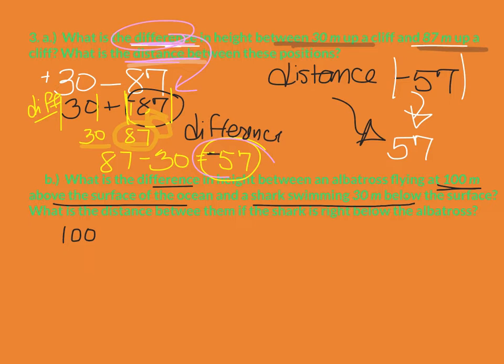We're looking for the difference. I'm going to subtract. The shark is 30 meters below, so that's negative 30. Stay, change, change, cha-cha-cha. So fun every time. 100 plus 30, that's very easy. The answer is 130 because the signs are the same. We find the sum. So right here, this is the difference.